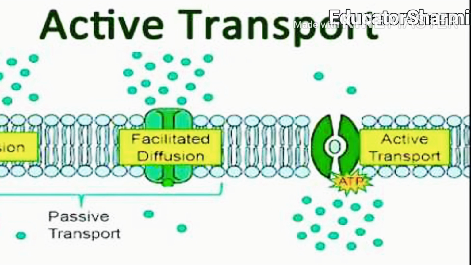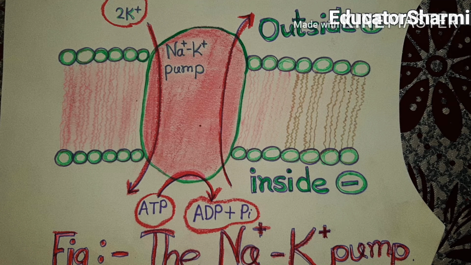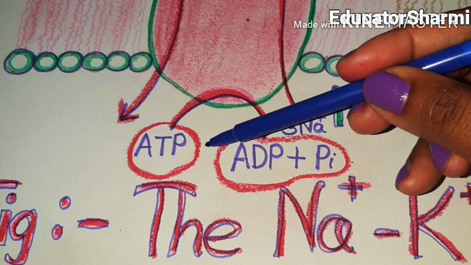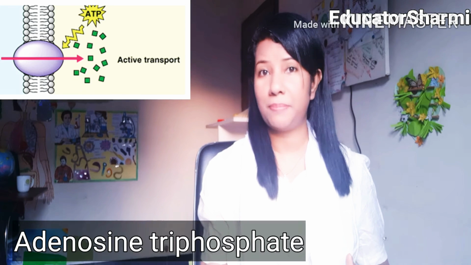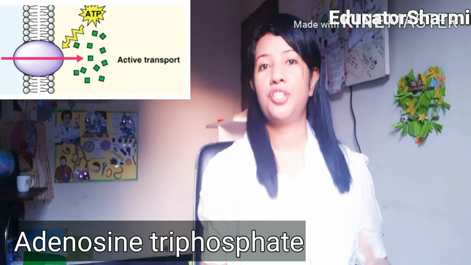Active transport is the movement of molecules or ions through a transport protein across a cell membrane against their concentration gradient, using energy from ATP. So what is ATP? That is adenosine triphosphate.